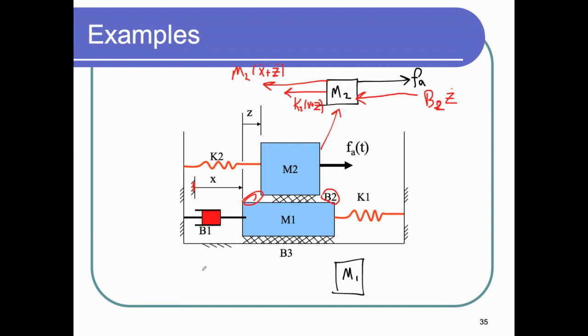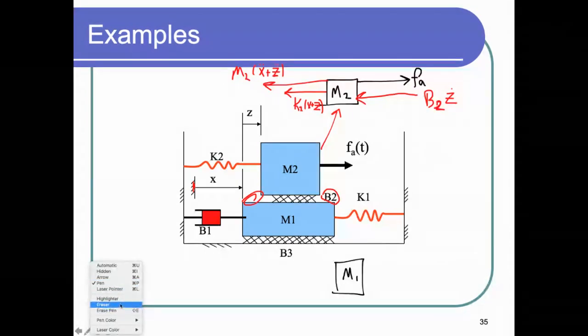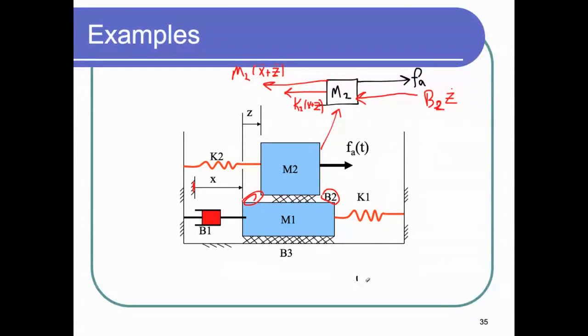Okay, so let me deal with mass 1, and let me use a bigger free body diagram. So this is mass 1. Can you identify a force to the right?